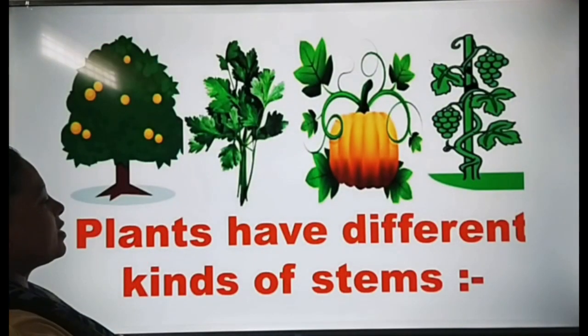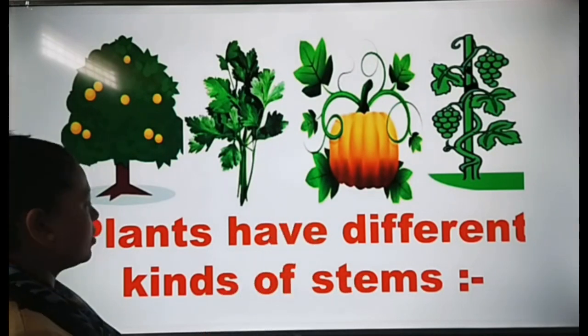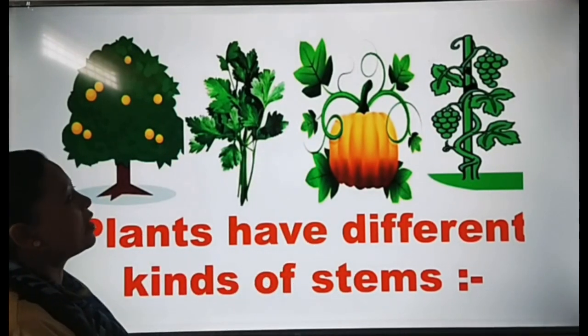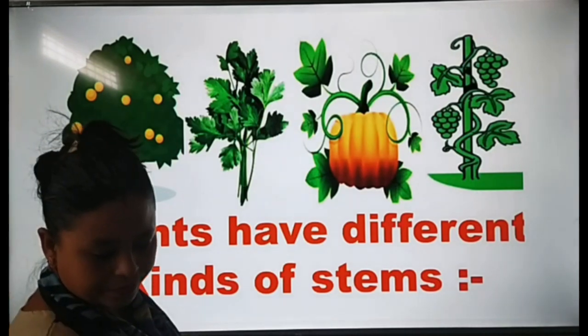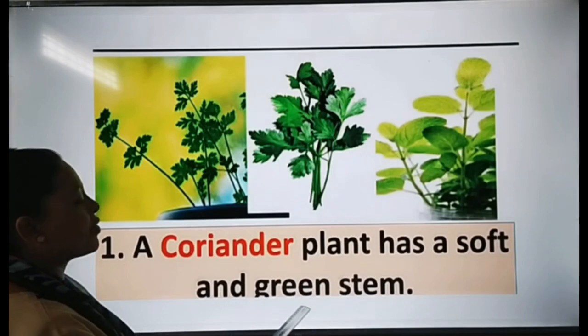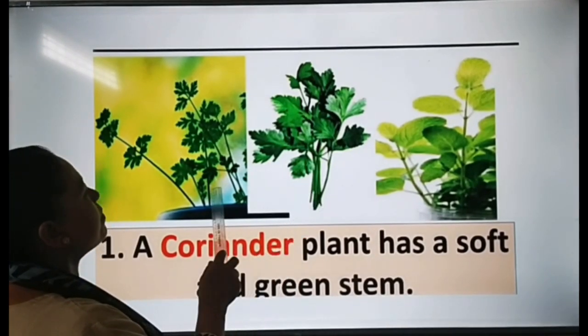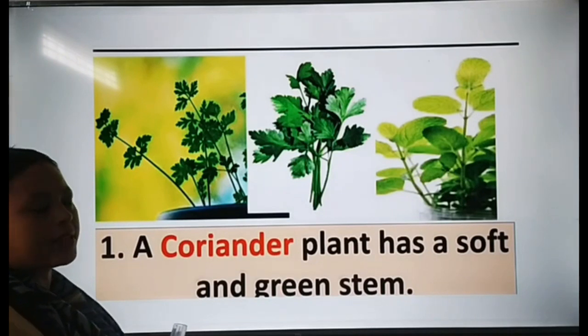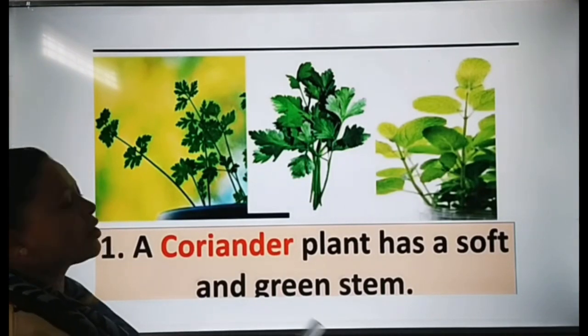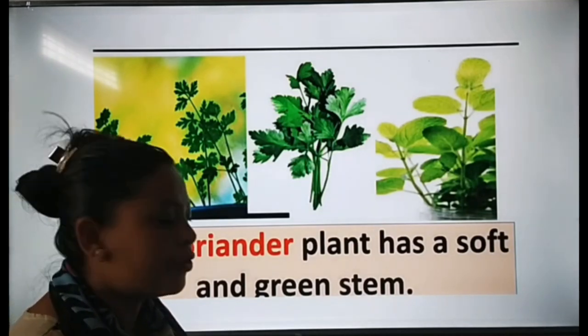Now, first of all, let us study some different kinds of stems. Plants have different kinds of stems. A coriander plant has a soft and green stem. Coriander is the plant that we use when we cook food, okay, it adds flavor to our food.